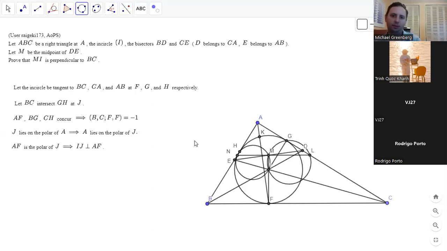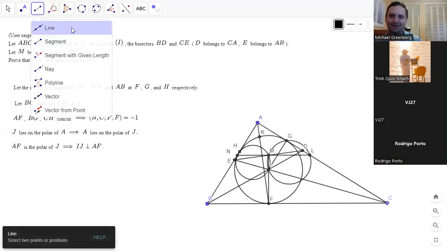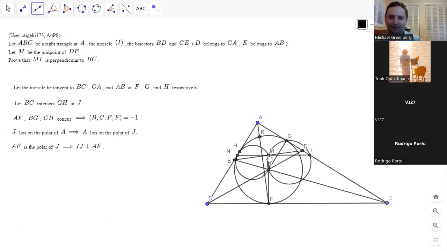Yeah, I'm still trying to use that similarity that Khan mentioned. There's got to be a synthetic solution, right? I can't imagine that you can only do this with coordinates.